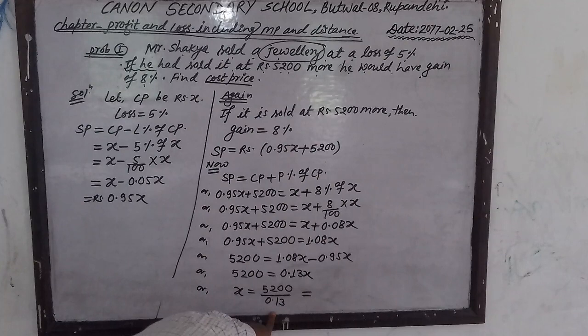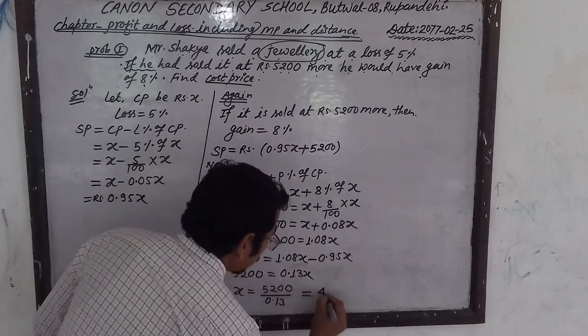If you use the calculator, you get 40,000.